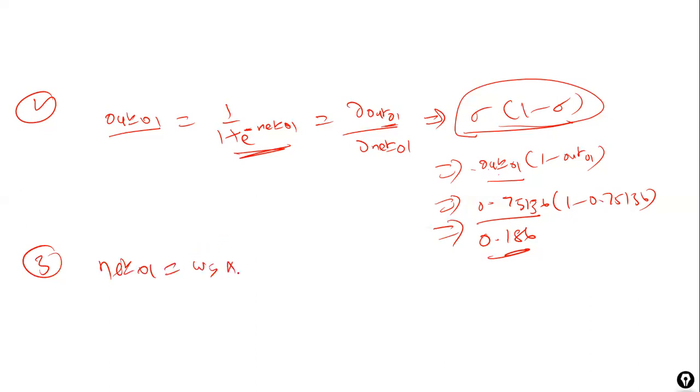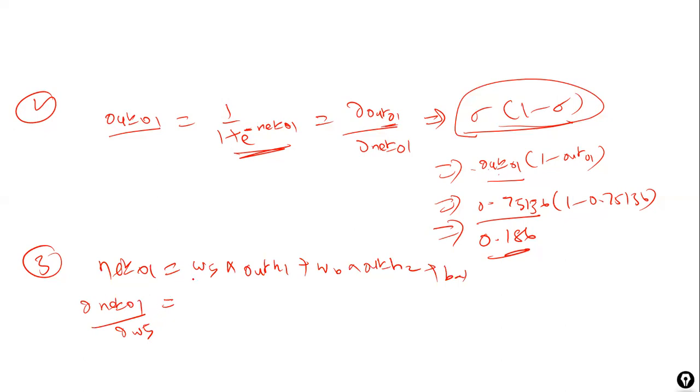Net O1 is W5 into out H1, plus W6 into out H2, plus bias into 1. If you take the partial derivative, dou net O1 divided by dou W5, what will you get?